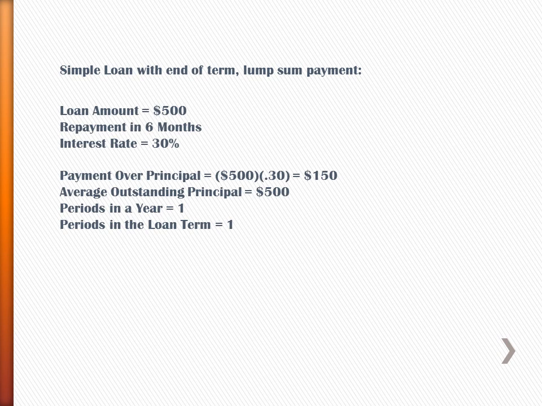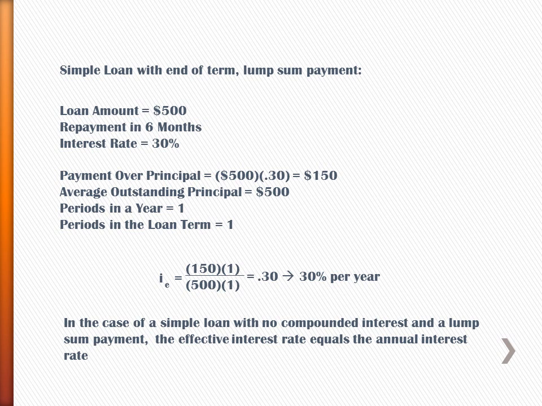Let us start with a simple loan with an end-of-term lump sum payment. In this example, the loan amount is $500 to be repaid in 6 months with an interest rate of 30%. In a case of a simple loan with no compounded interest and a lump sum payment, the effective interest rate equals the annual interest rate, as shown by this example.